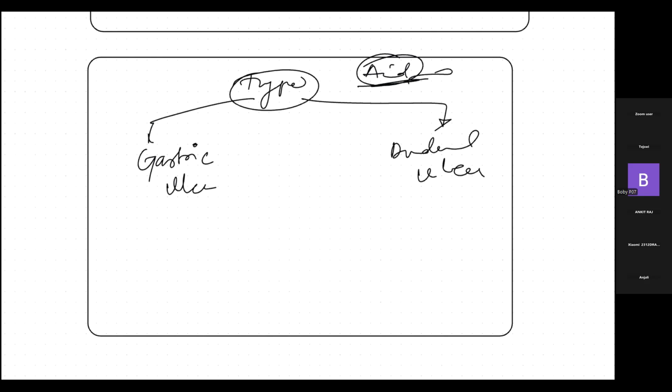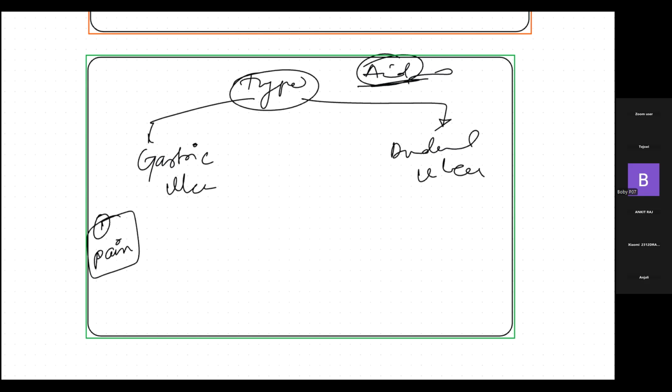Now the typical thing that will help you to understand whether your patient has a gastric ulcer or duodenal ulcer is the type of pain. Let's suppose your patient comes with abdominal pain, and he says that whenever I am taking my meal, my pain gets aggravated. Then you think, why is it happening?